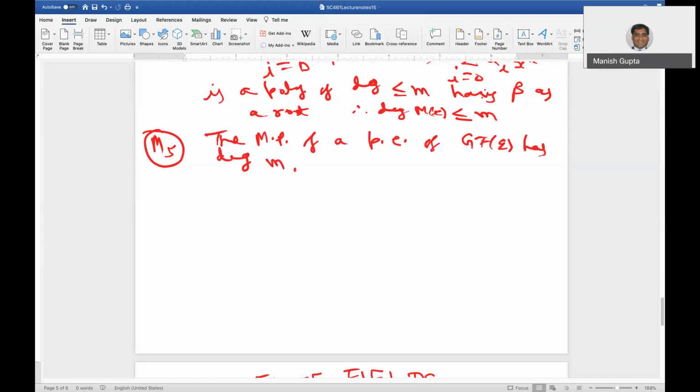So in general, the minimal polynomial has degree at most m, if beta is an element in GF(q). But if beta is a primitive element, the minimal polynomial of a primitive element has degree exactly m. Okay, and such a polynomial is called a primitive polynomial. Primitive polynomial. So how do we prove it?